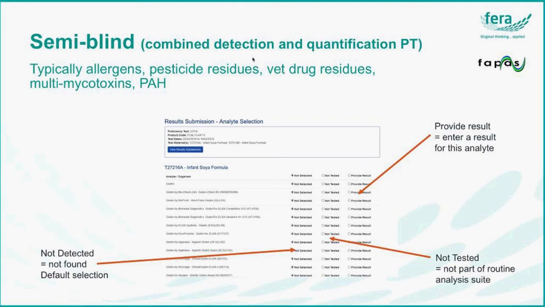This means that the analyte is not part of your routine analysis suite, so you would not be expected to look for it. And finally, you might have detected that analyte and you want to provide a result for it, in which case select Provide Result, and that will allow you to enter a quantitative result for that analyte.